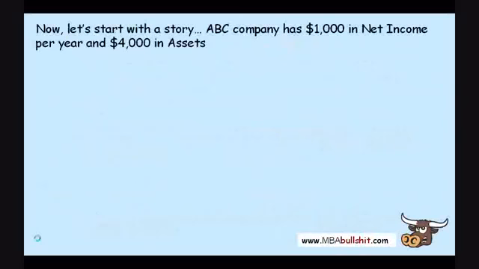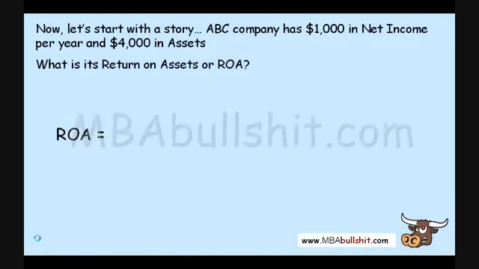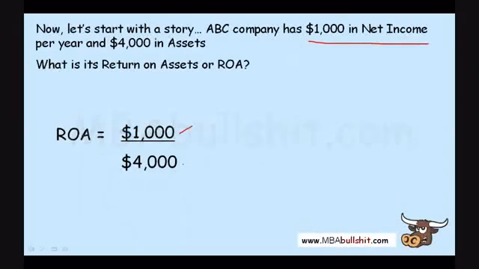Let's start with a story. Let's say that ABC company has $1,000 in net income per year and $4,000 in assets. What is the return on assets? Well, very simple. The ROA, or return on assets, equals $1,000, which is the net income, divided by $4,000, which is the total assets of the company.